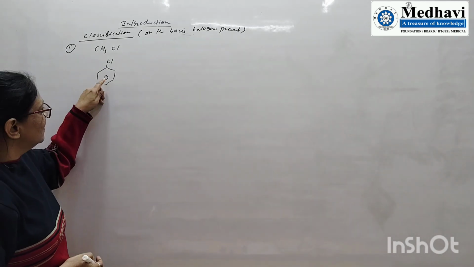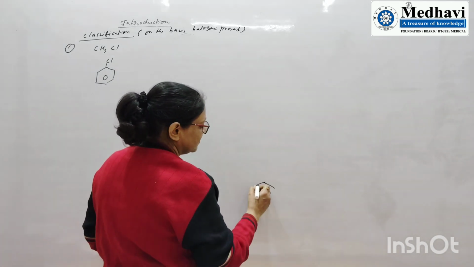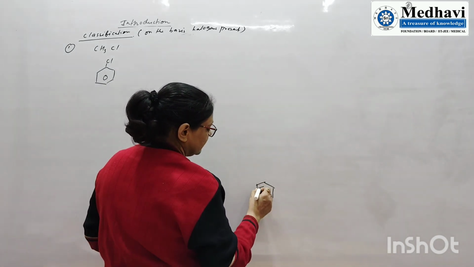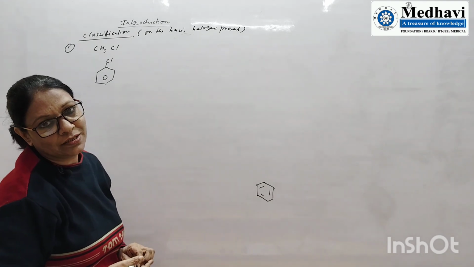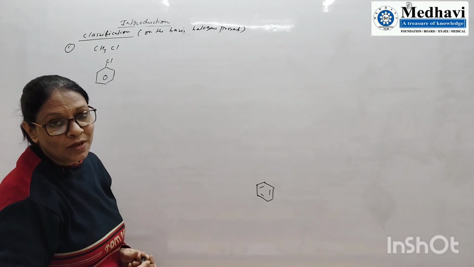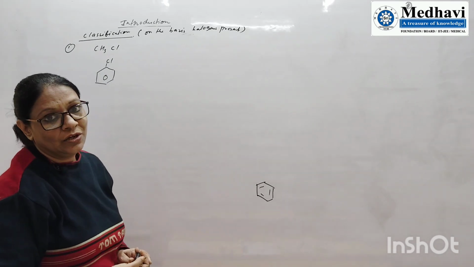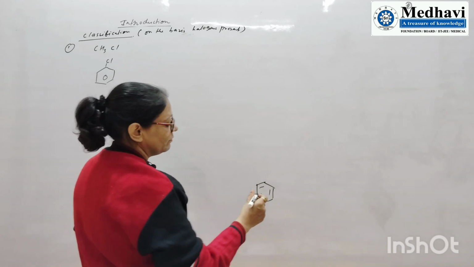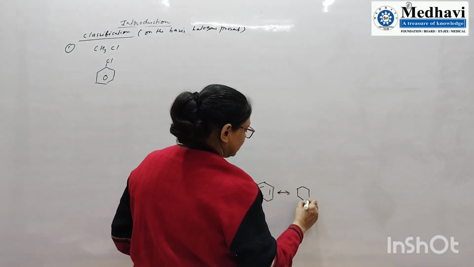Here one basic thing, benzene. We can write benzene like this. This I am explaining for those students who have poor concept related to organic chemistry. So benzene can be written like this, and benzene can be written like this also.